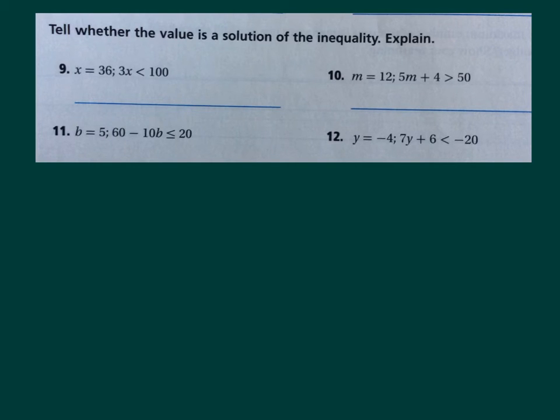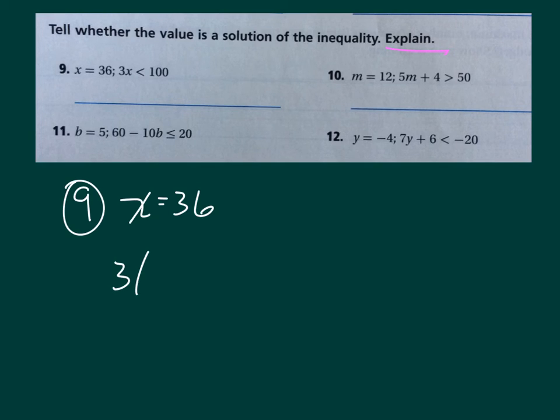In these particular questions, it says tell whether the value is a solution of the inequality and explain. The explanation is, does it make the inequality true? So let's plug this in. Let's look at the first one, number 9. We're only going to do a couple of these. We know that x is equal to 36.